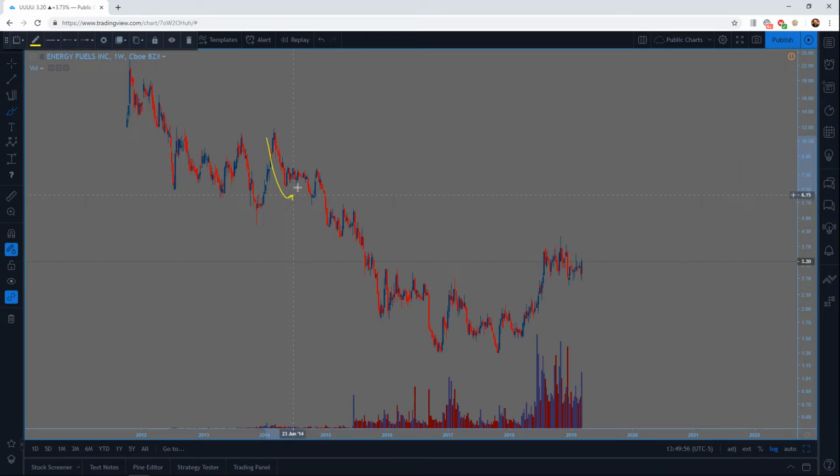You see some kind of 1, 2, 3, 4, 5. And then what is this? How do you count this? In my opinion, this is very well some kind of AB basing pattern. Whether you call it an AB base or something else, it looks like some kind of basing pattern to me.